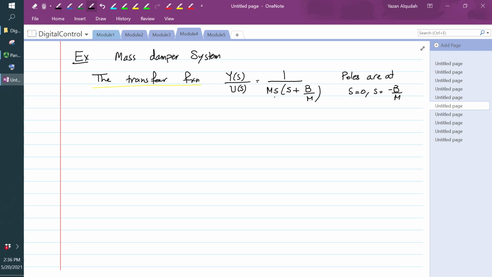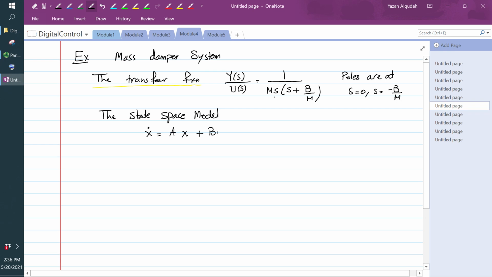Now if I look at the state space representation that we calculated earlier, x dot equal to A multiplied by x plus b multiplied by u and y equal to c multiplied by x. In this case, A was equal to [0, 1; 0, negative b over m].